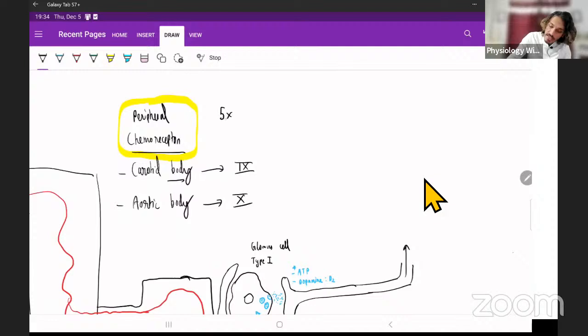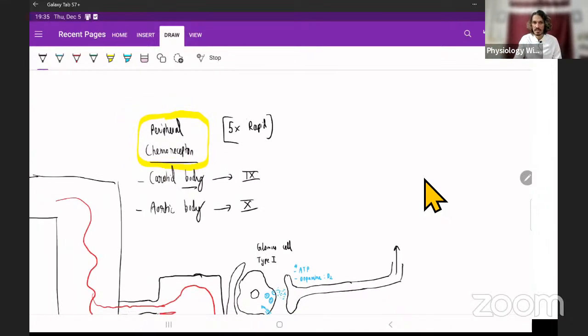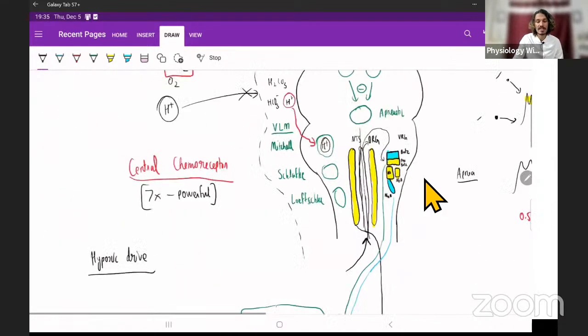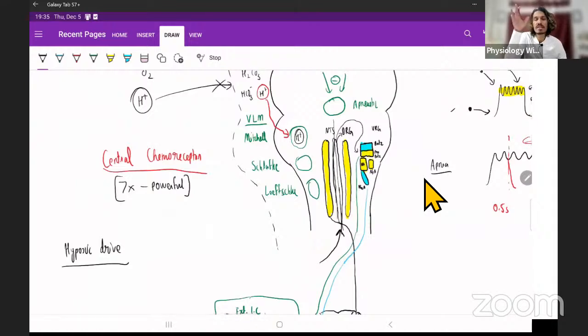They are 5 times more rapid. They're faster. So fast detecting stuff is peripheral chemoreceptor, but much more powerful is your central chemoreceptors. So which would be the major signal in our body to determine regulation of respiration? That would be your PCO2. Generally, PCO2 is the major role when you talk about central chemoreceptors.